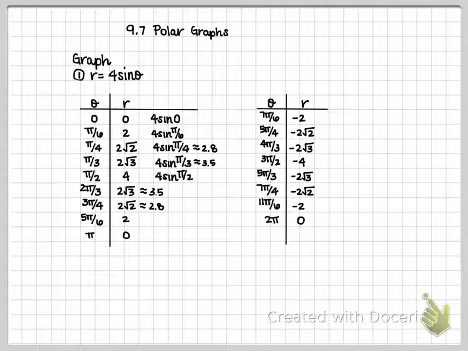Okay, so I finished filling in my theta r table for all of the increments around the unit circle in terms of pi over 6, pi over 2, pi over 3, pi over 4. And you'll notice that there is a pattern here. Because of the way that sine behaves in the unit circle, anything from 0 to pi is going to be positive.